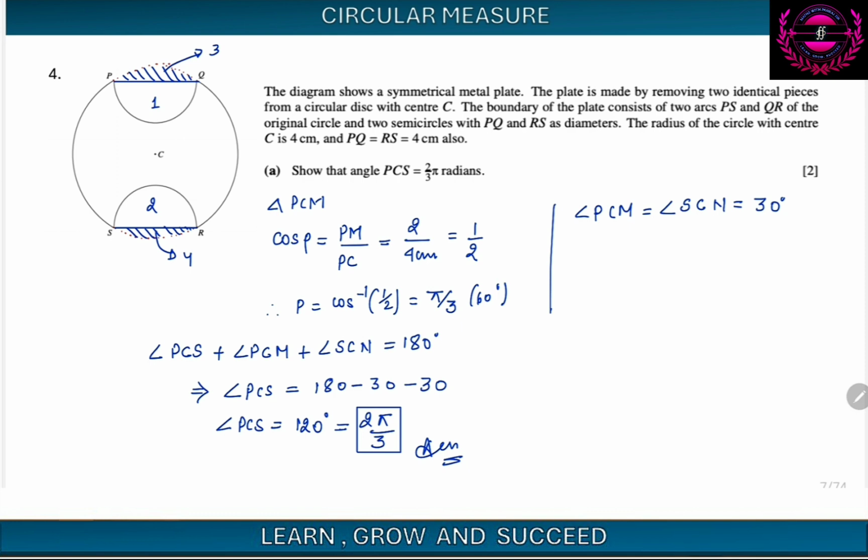Is this clear? 1 is the area of a semicircle, 2 is again the area of a semicircle, 3 and 4 are the areas of the shaded regions. Area of regions 1 and 2 are the same, and area of regions 3 and 4 are equal. So our objective is to find the area of regions 1, 2, 3, 4 and the larger circle.